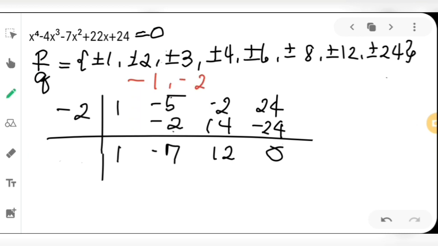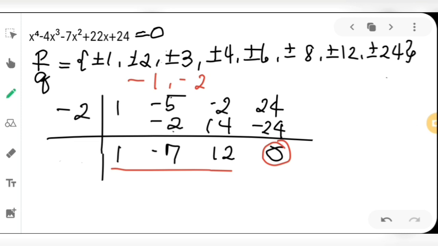Now, you have noticed that aside from the last number, which is the remainder, we have 3 numbers left. So these are the numerical coefficients of the quotient, which is quadratic. Our quotient here is already quadratic.